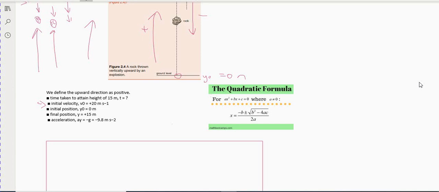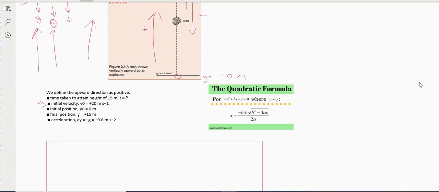Now, initial position is y naught, which is equal to 0 meters, because that is starting from ground level. Now, final position, we know that it's positive 15 meters, and our acceleration along the y-axis is equal to negative g, and that is pretty much negative 9.8 meters per second squared.